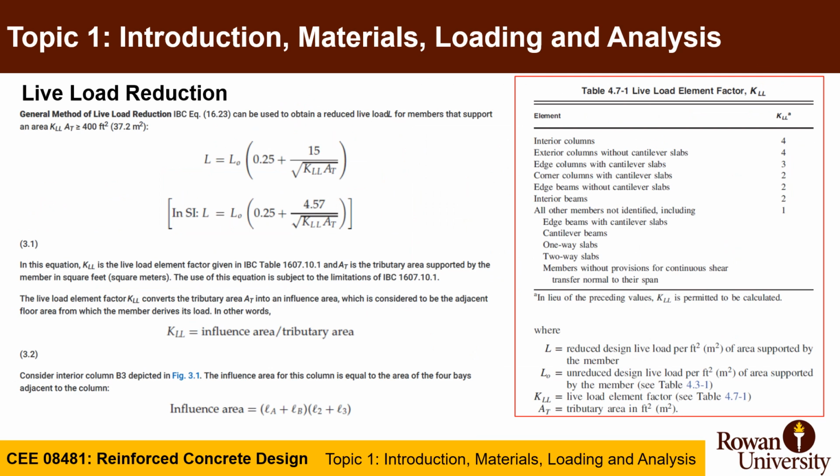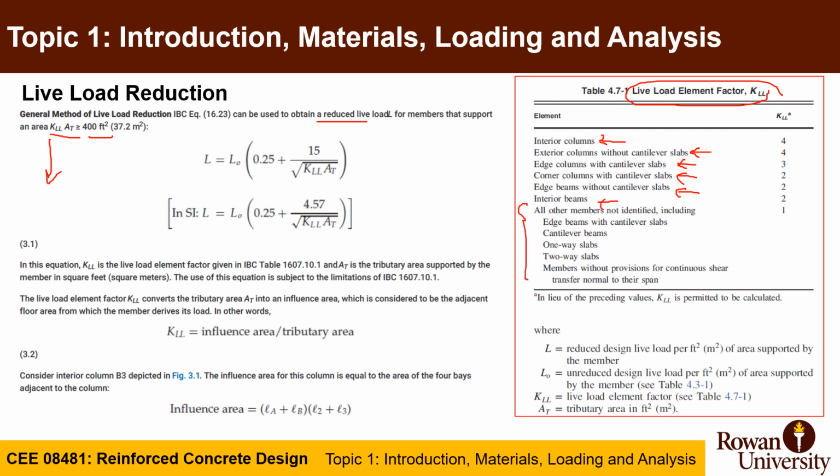As you can see, you can reduce the live load if the member's supported area, K_LL times A_T, is more than 400 square feet. K_LL, the so-called live load element factor, is a function of whether you have an interior column, an exterior column without cantilever, edge columns, corner columns, edge beams without cantilever, interior beams, and all others.